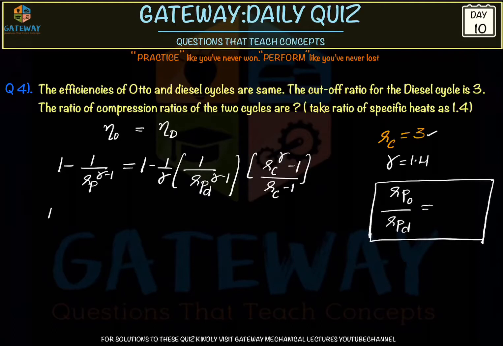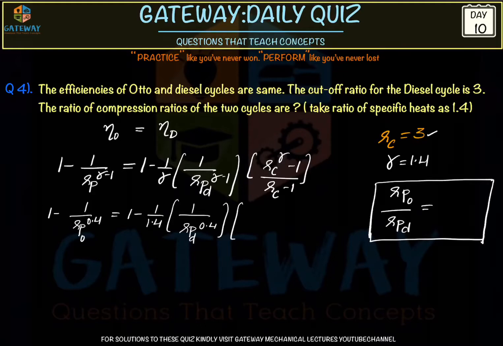And we'll just substitute all the values here. 1 minus 1 upon Rp power 0.4 equals 1 minus 1 by 1.4 into 1 by Rp, here Rp for Otto, here Rp for diesel, power 0.4, gamma minus 1, and Rc is given as 3, so 3 power 1.4 minus 1 upon 3 minus 1. Here we'll do simplifications. 1 and 1 will be cancelled, negative also will be cancelled out.